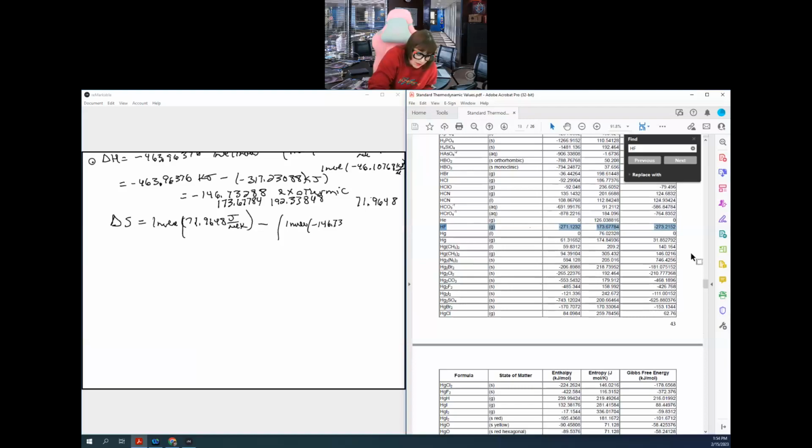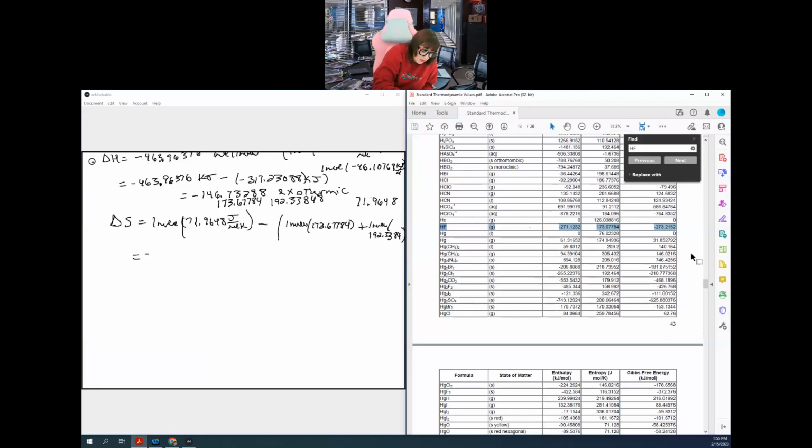Oh, sorry, wrong one. I'm looking at the wrong number again. 1 mole times 173.67784 plus 1 mole times 192.3384. Again, those are joules per mole Kelvin.